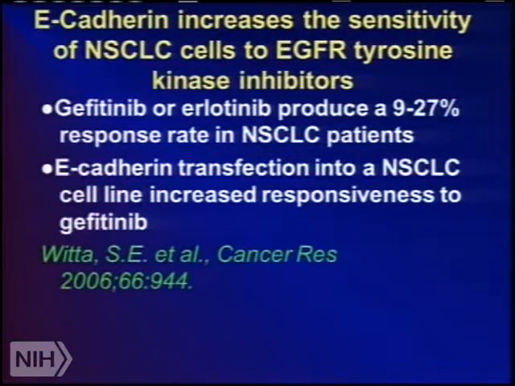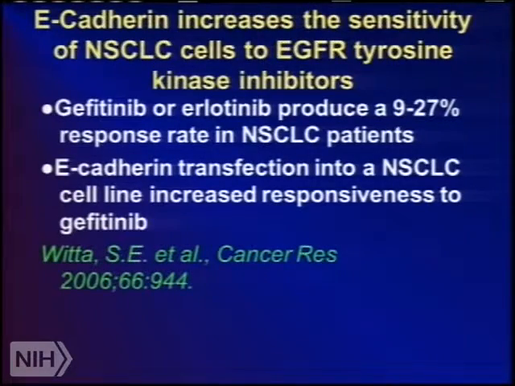So another thing that happens is gefitinib and erlotinib are most effective in cancer cells that are of the epithelial nature. So the mesenchymal cells then, the gefitinib and erlotinib are not nearly as effective.